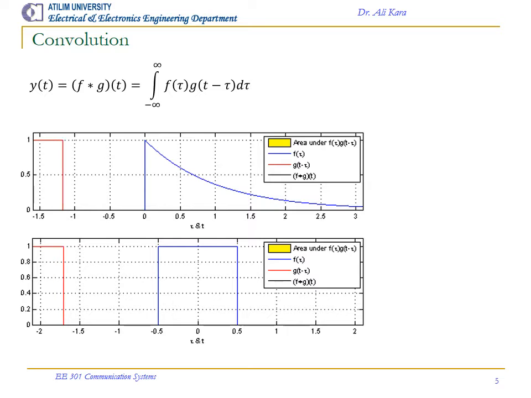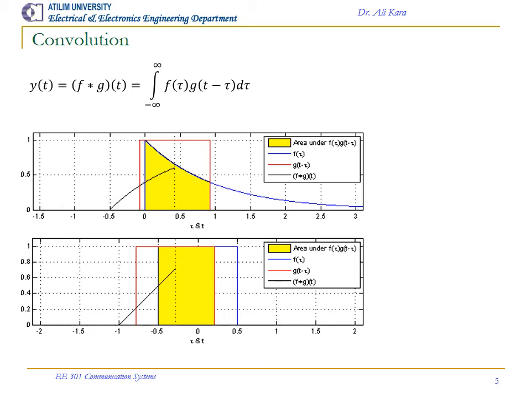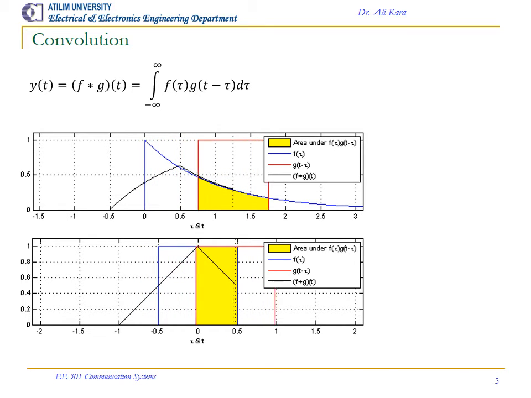Convolution. The convolution of two functions gives the area of overlap between the two functions as a function of the amount that one of the original functions is translated. The continuous form is defined as f convolved with g equals the integral, tau from minus infinity to infinity, of f of tau times g of t minus tau.